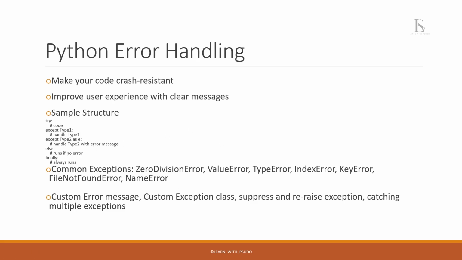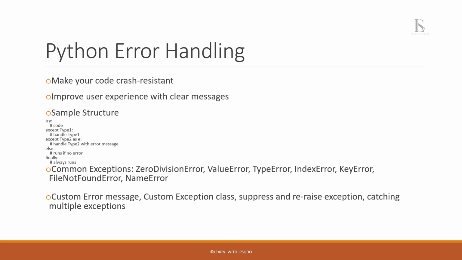Now we had also seen some exceptions that we can come across while we are dealing with different data in Python. Zero division error is where you try to divide a number by zero and you get this exception. Value error is where you are expecting a certain type of value. Say you are expecting an integer and you get a string there, and you are trying to typecast that string into an integer value.